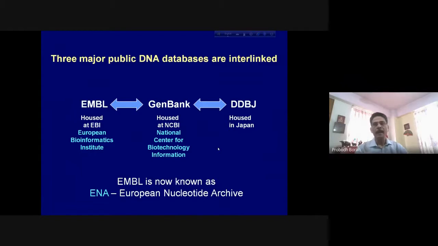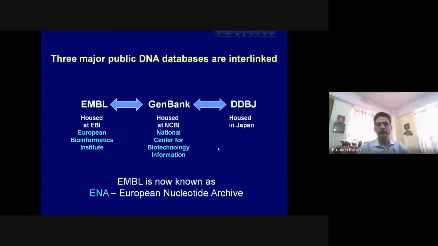And the importance of these databases worldwide have been recognized, and therefore consistently these three databases have been enriched by incorporation of data obtained from the experiments conducted globally at different countries and by uploading them to the databases.